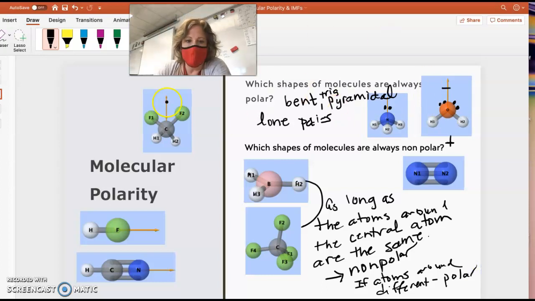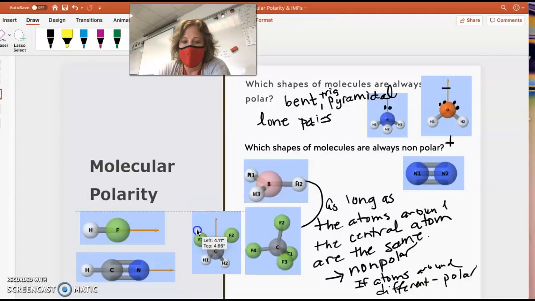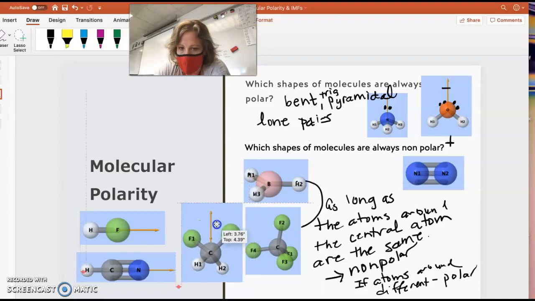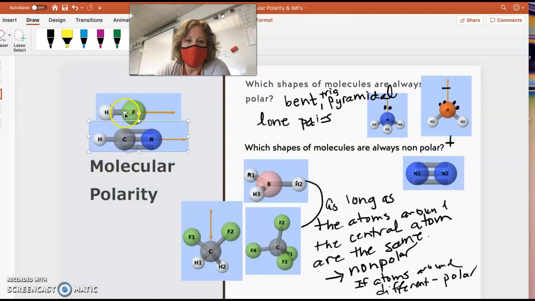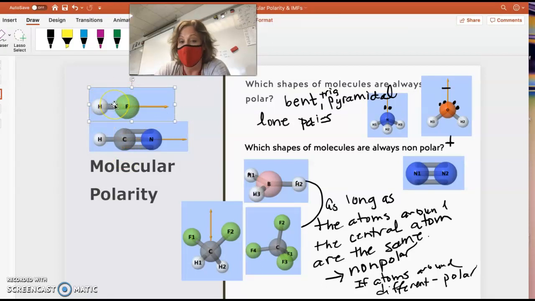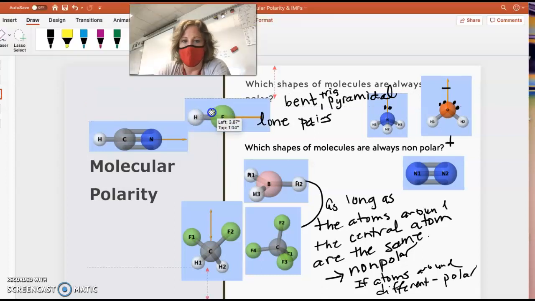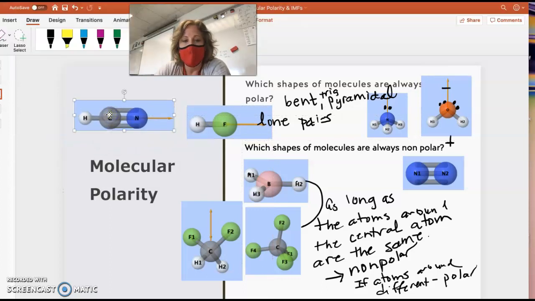The other ones, so like here is an example of a tetrahedron that's polar. On paper, it can look kind of like the dipoles would cancel, but you have to remember it's really a three-dimensional shape. Linear, those are trickier. Those I just think about whether they'll cancel or not. So if it's a 2-atom and it's not the same element, then it's automatically going to be polar. And then if it's a 3-atom linear, the 2 atoms on the outside have to be the same.